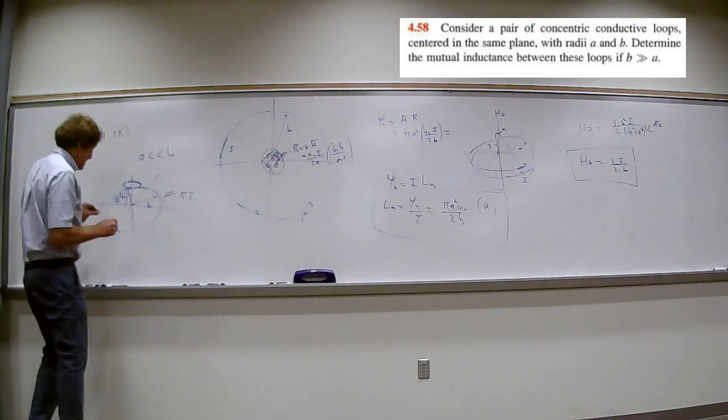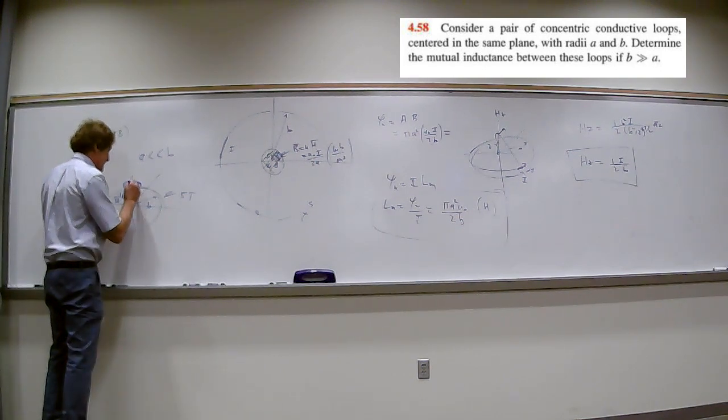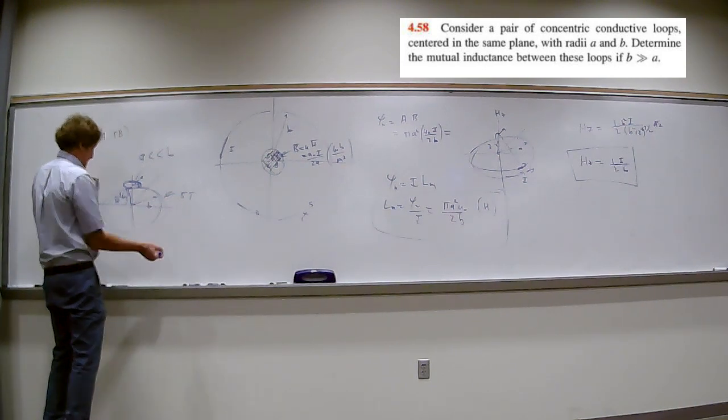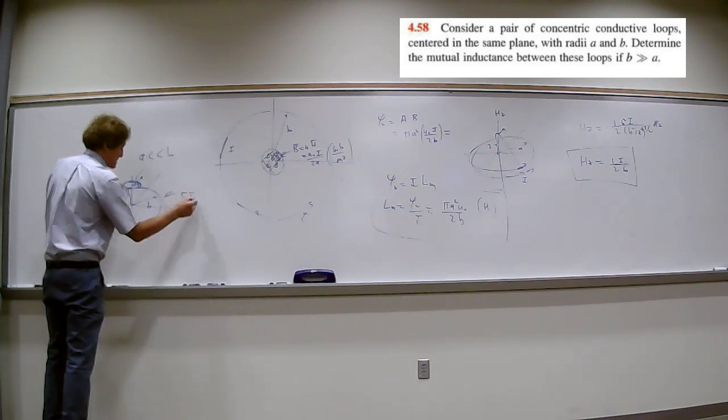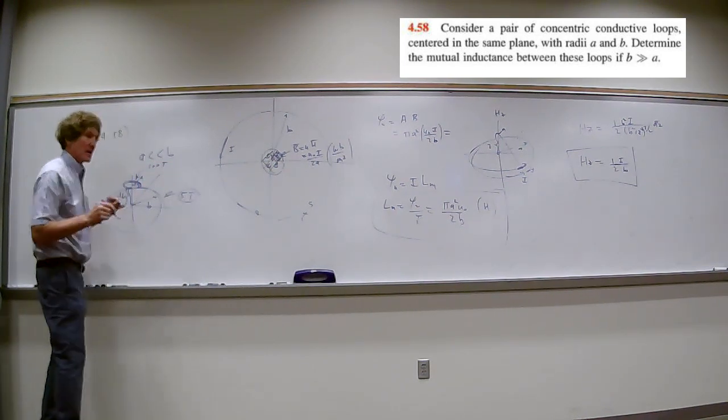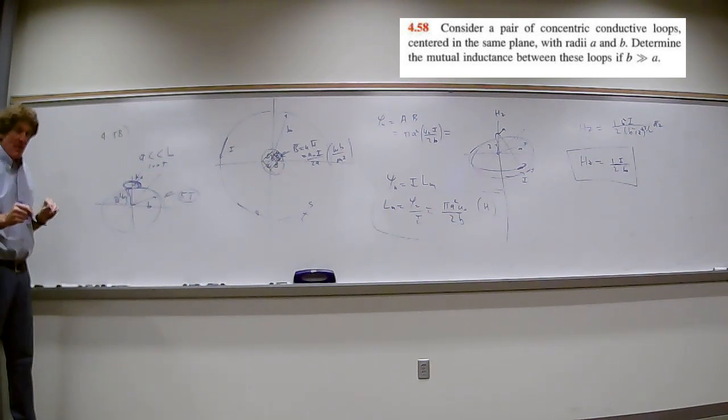Now, this has a radius A, and I said 5 turns there. Make this 100 turns on the other one. Y'all follow? Now I want the mutual inductance between those two. The same process, right?